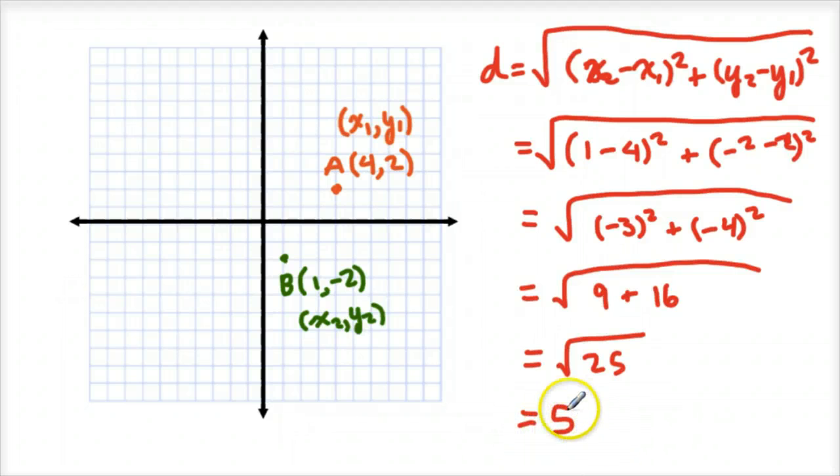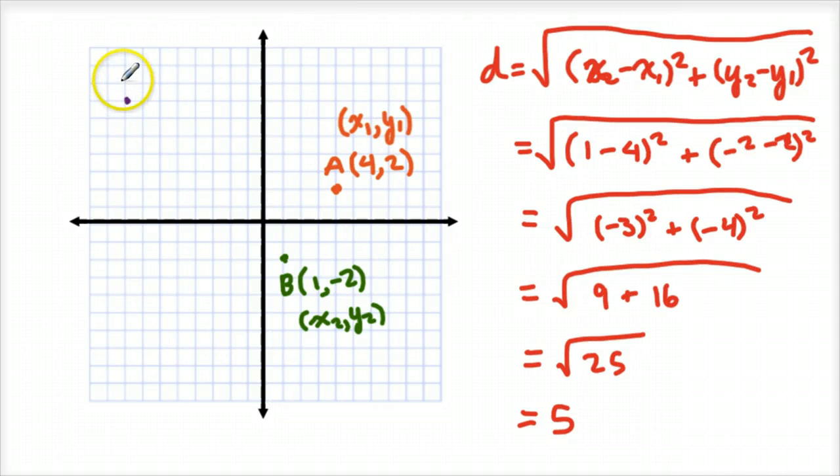It worked out as a nice whole number for us. But in some cases, that's not always going to be the case. So that's why we're going to need to have our calculators handy when we're taking the square root. We'll round to a couple decimal places, and sometimes it'll work out nice like this, and sometimes not so much. If this were just two points on a straight line, then it would be easy again.